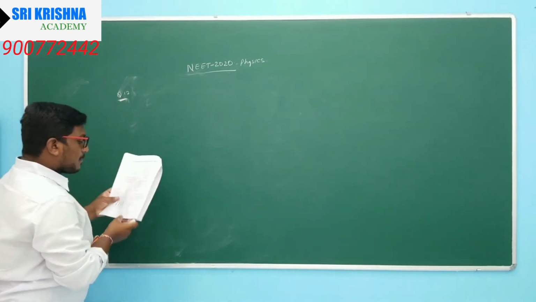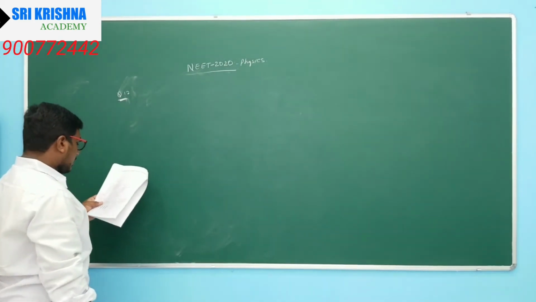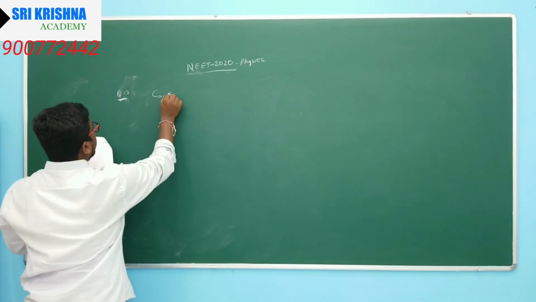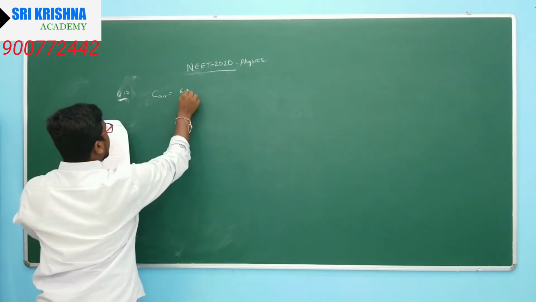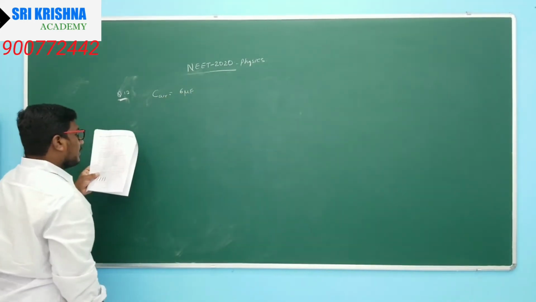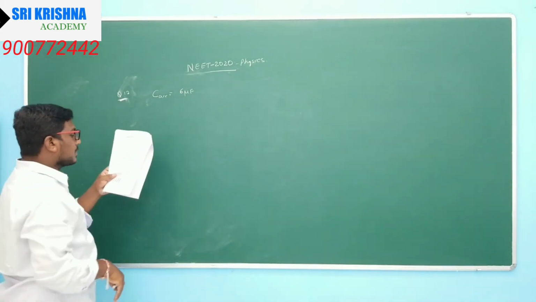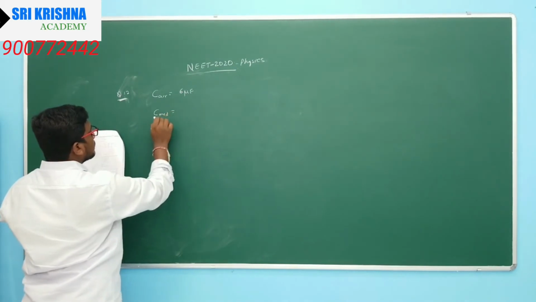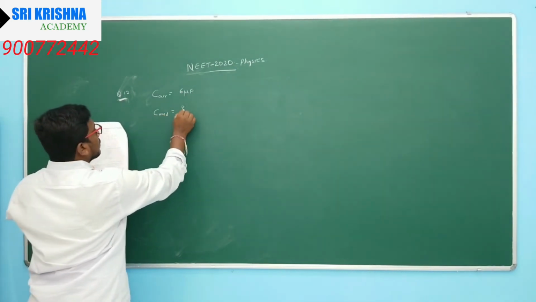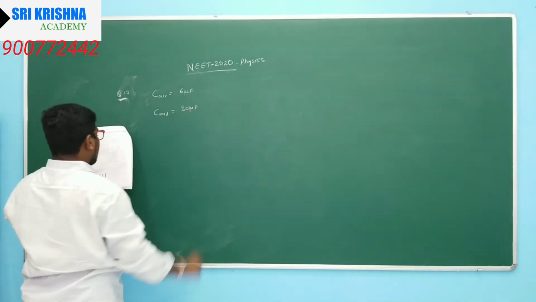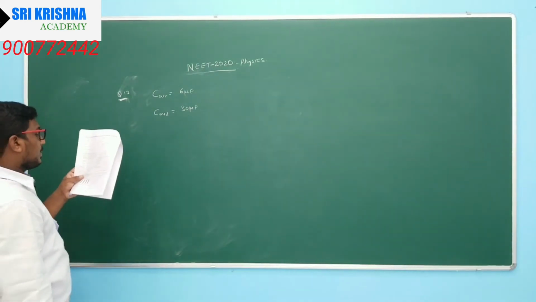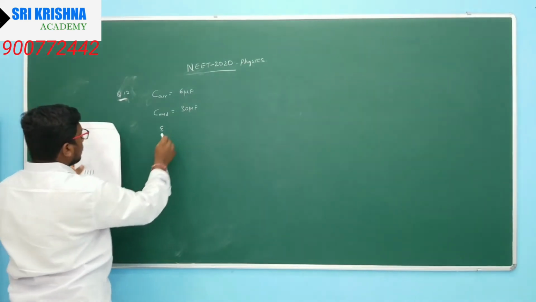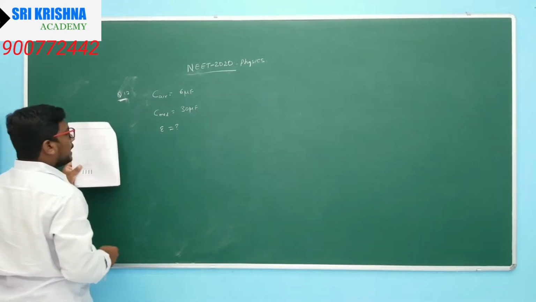The capacitance of a parallel plate capacitor with air medium is 6 microfarad. With the introduction of a dielectric medium, the capacitance becomes 30 microfarad. So what will be the permittivity of the medium?